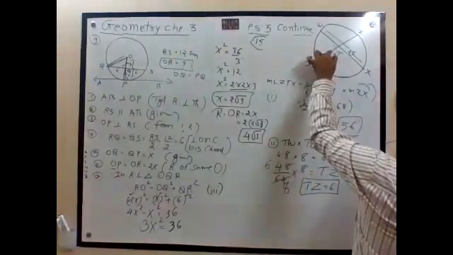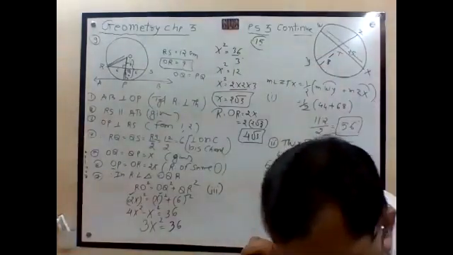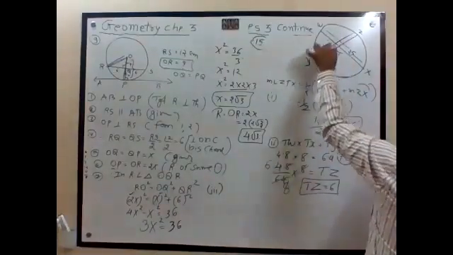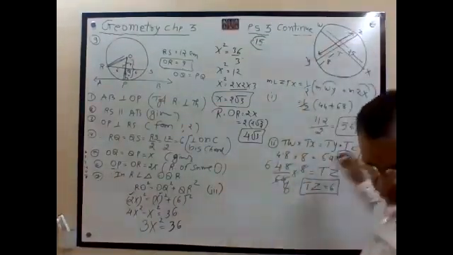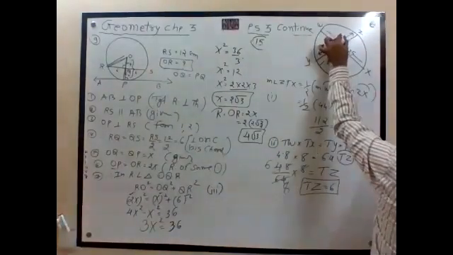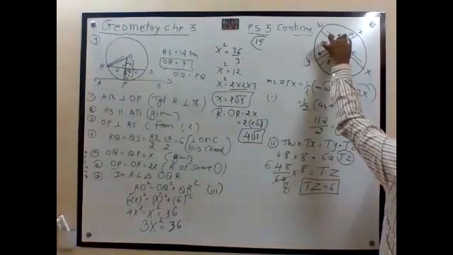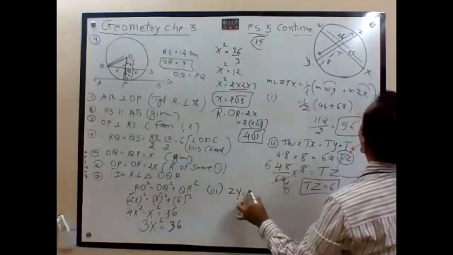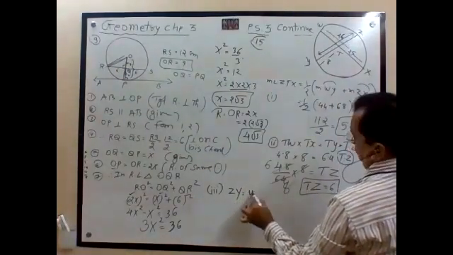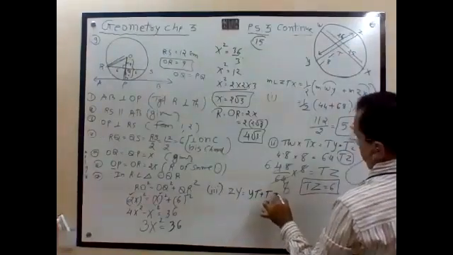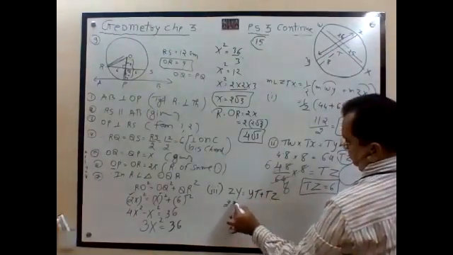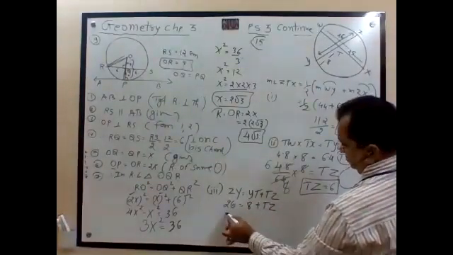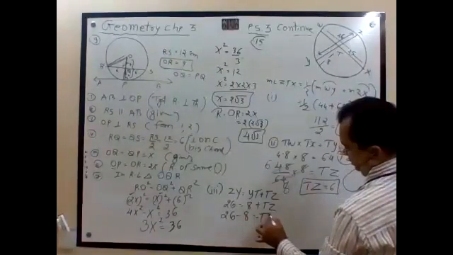YT is 8. ZY total, that is 26. Correct. So ZY is equal to YT plus TZ. 26, YT is 8, TZ. 26 minus 8, TZ.